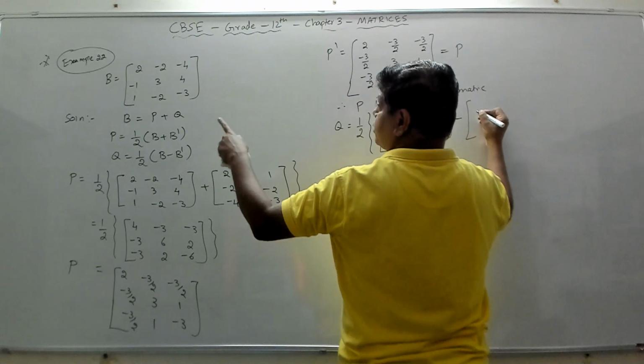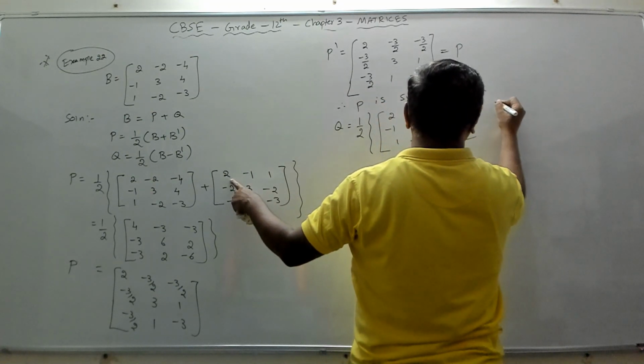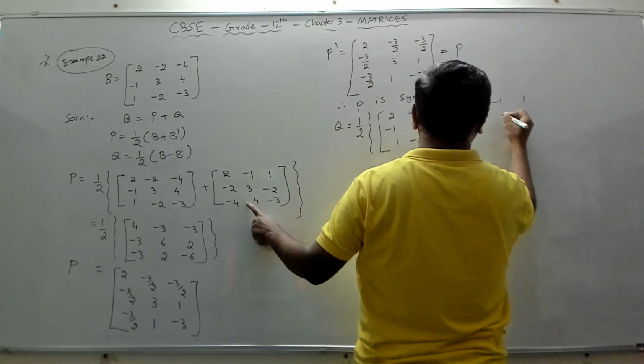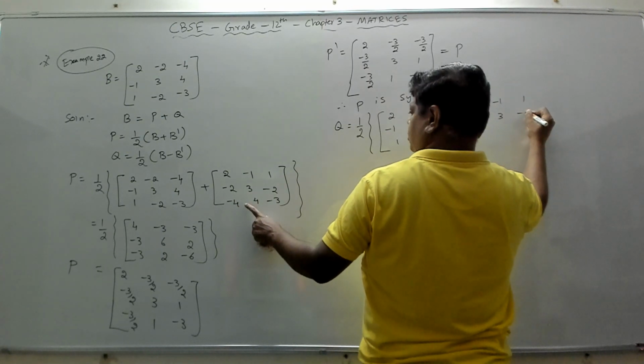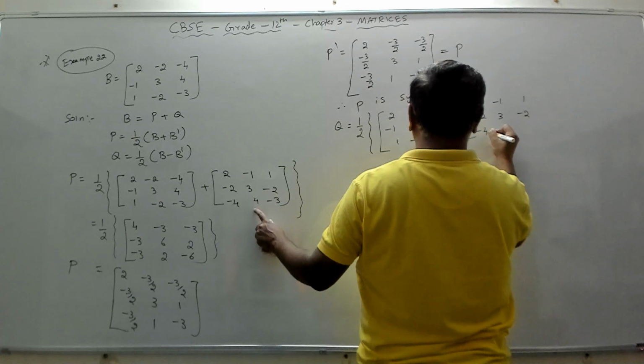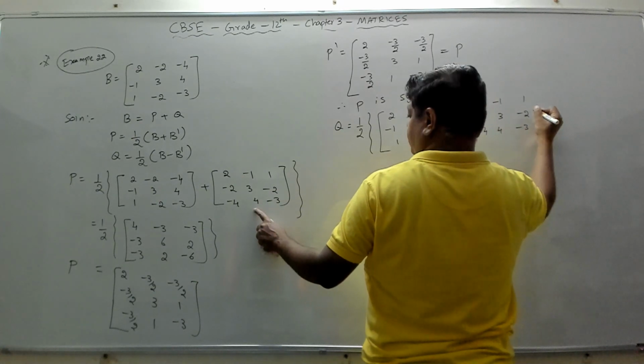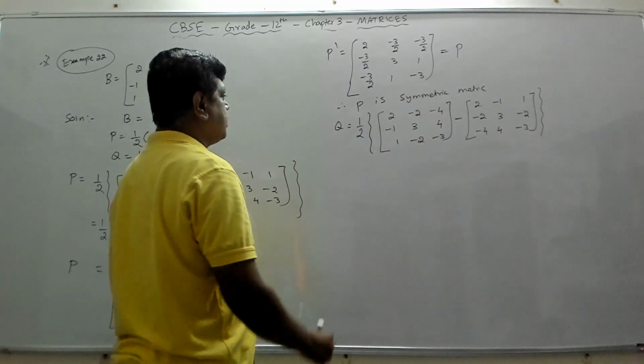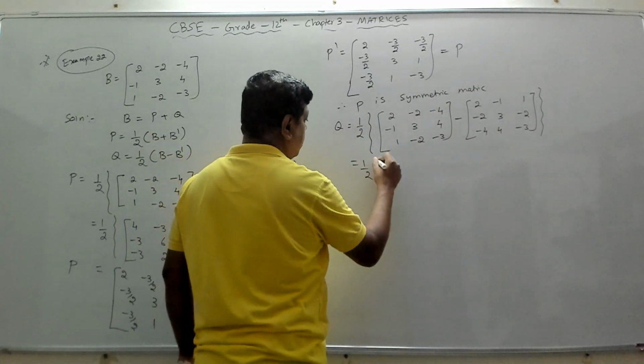B transpose is this one, which is [2, -1, 1; -2, 3, -2; -4, 4, -3]. That is your closing the bracket here. So that is equal to 1 by 2 of, starting the bracket.